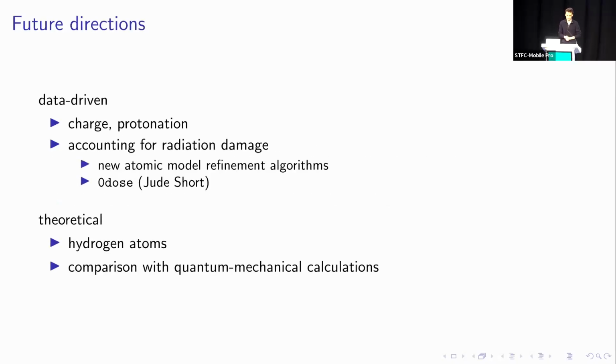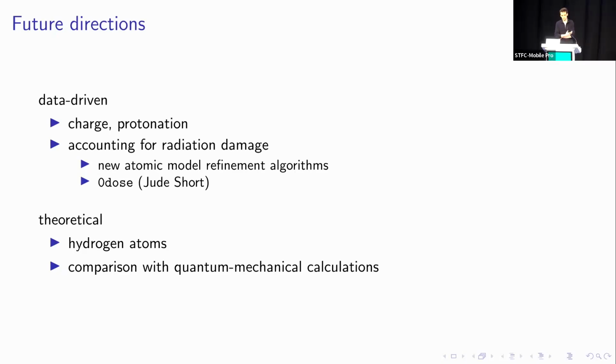Future directions. On the data analysis side, we would like to be able to link these scattering factors to actual chemical properties or biochemical properties. For example, charge or protonation states.